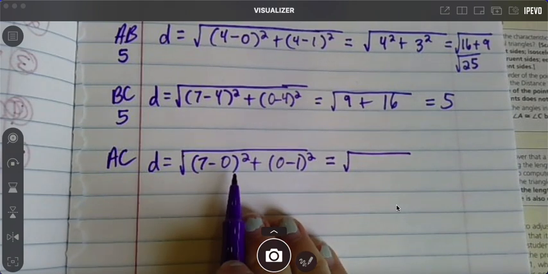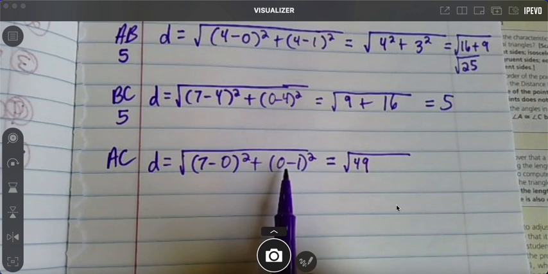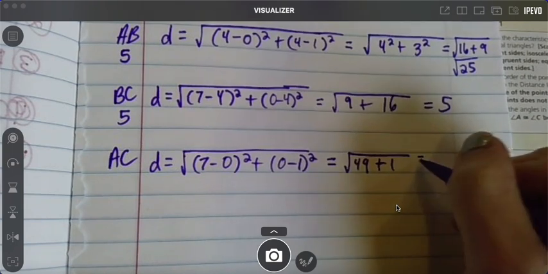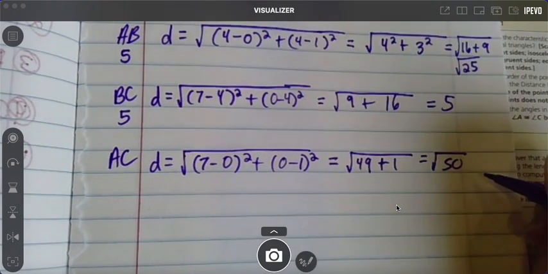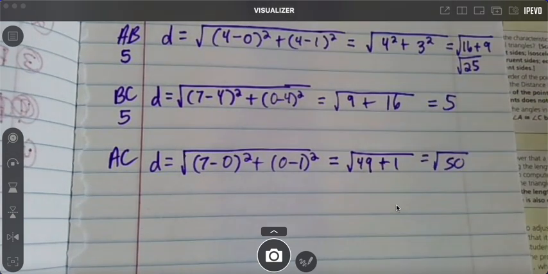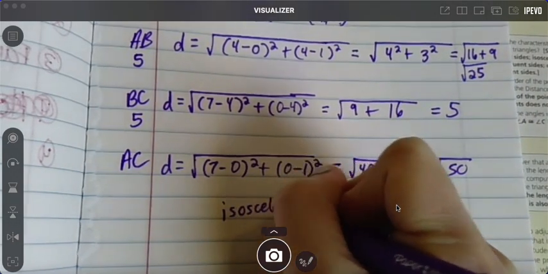And 7 squared is 49. And 0 minus 1 is what? Negative 1. And negative 1 squared is just 1. Y'all, is that equal to the square root of 50? No. The square root of 50 would never be equal to 5. So, what type of triangle is it? Isosceles. All that just to see that it's isosceles.